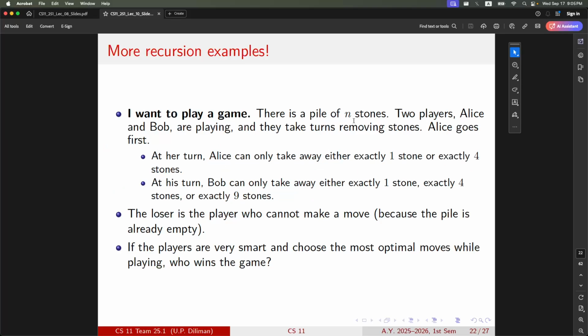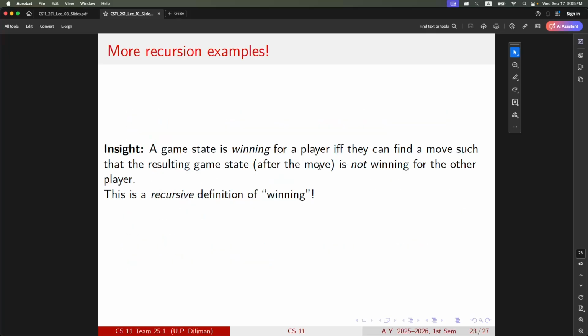The base case for not winning would be if n is 0 when it's your turn. For a certain player, if that player ends up with 0 stones, then that player loses. Okay?